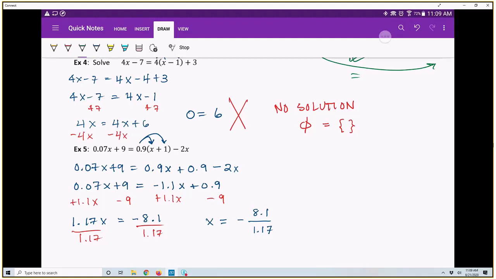Now again, we need to check whether this is a good solution. So we still have to plug it in, even though it's in the decimal form. So on the left side, we're going to have 0.07 times minus 8.1 divided by 1.17. Just replace x by the solution that we found. And then plus 9.